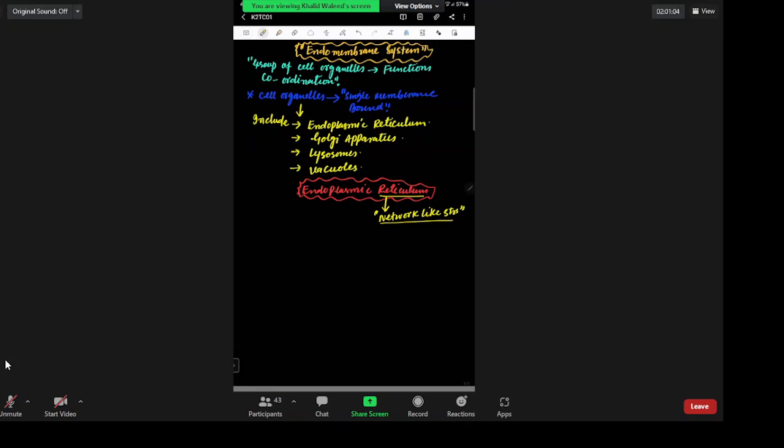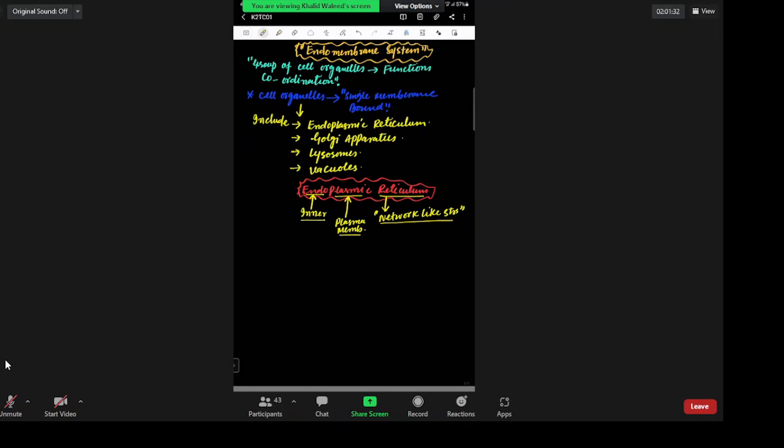And if these network-like structures are present inner to plasma membrane, endo means inner, plasmic means plasma membrane, then we use the term endoplasmic reticulum.